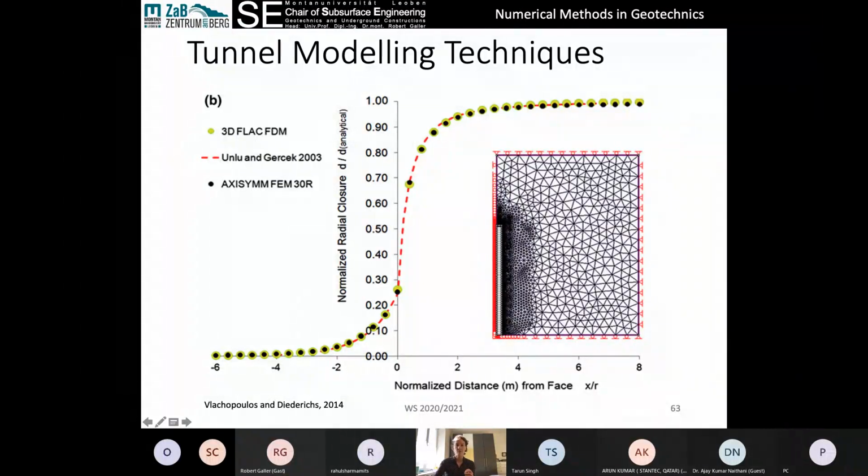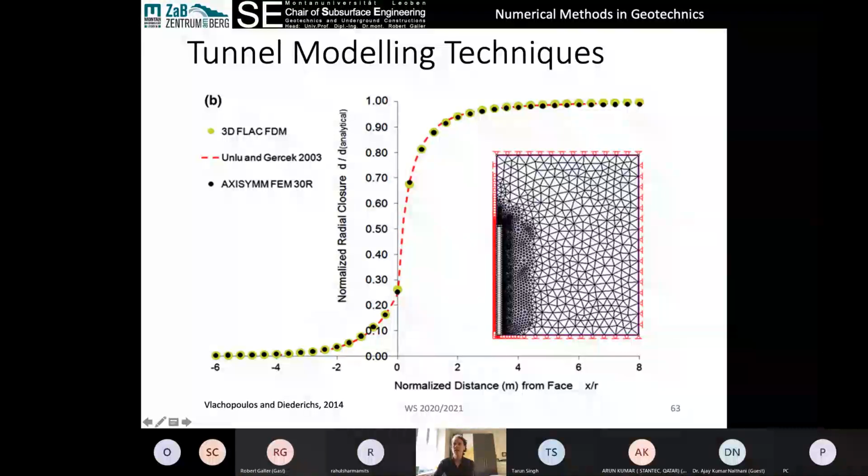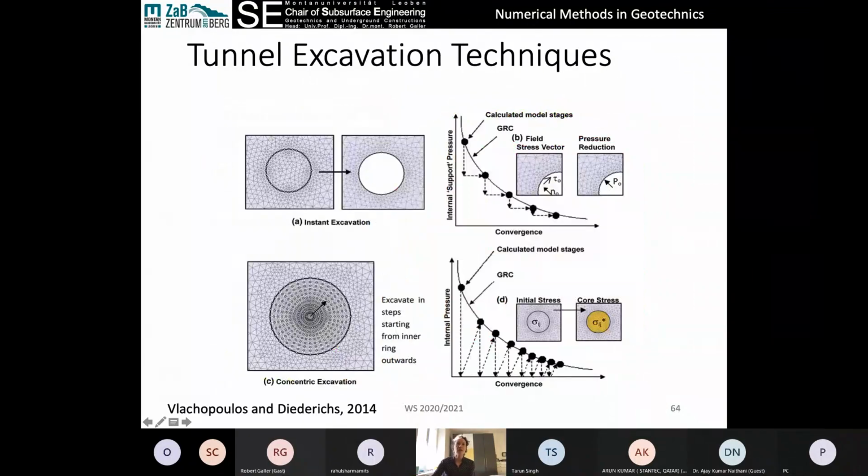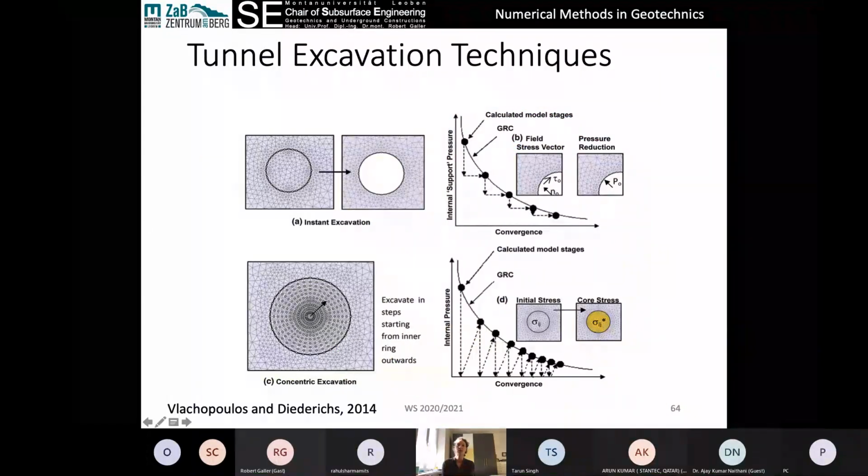So thinking about our excavation then, if we know that a lot of our deformation has already occurred by the time we excavate, and that all of the deformations don't occur right at the face, it takes a little bit of distance away from the face for those to accumulate, then using this instant excavation method is not a true representation of the behavior of the material.